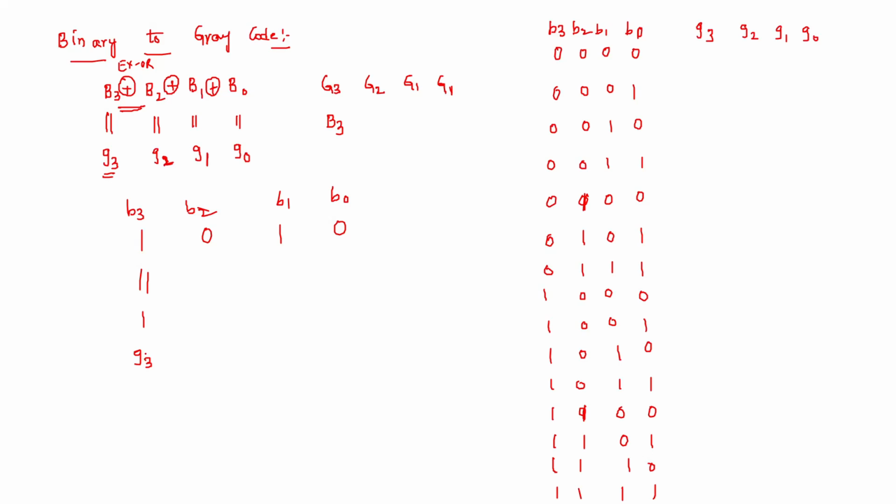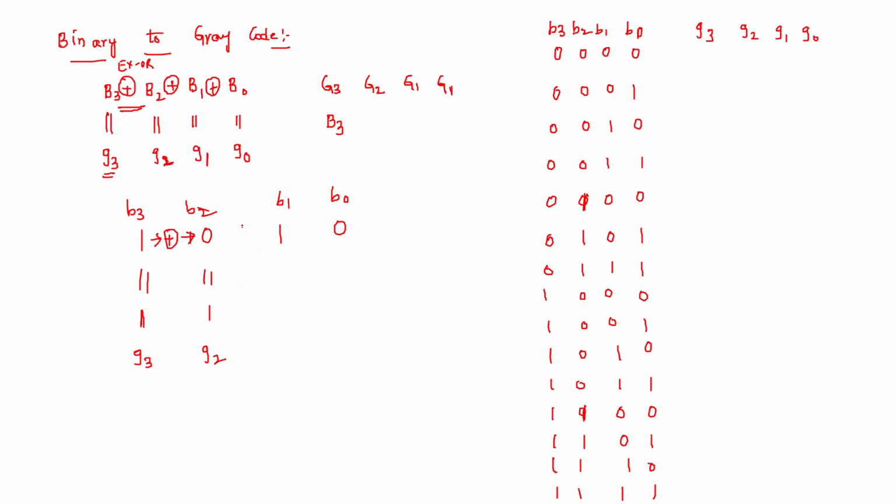Whatever the B3 value is, I write it as is as G3, and then do the XOR operation between B3 and B2. 1 XOR with 0 means 1, that is the G2 value.